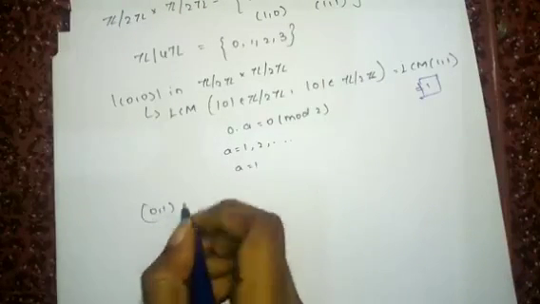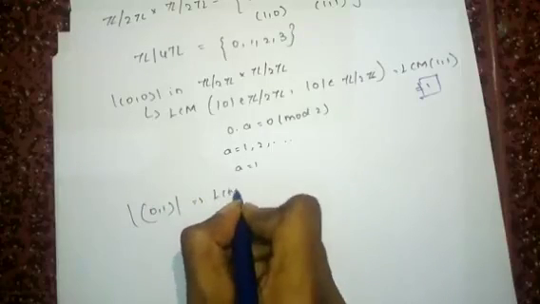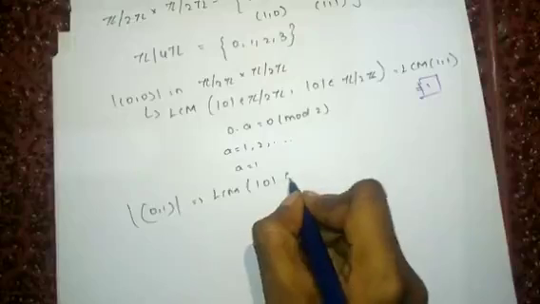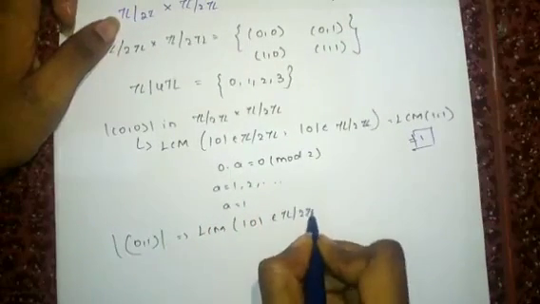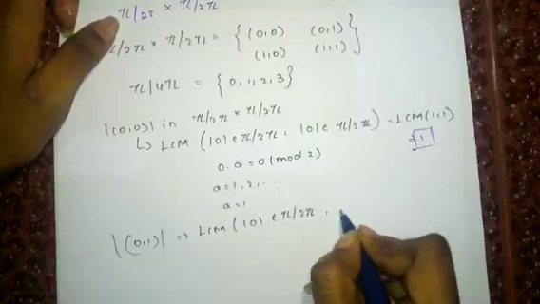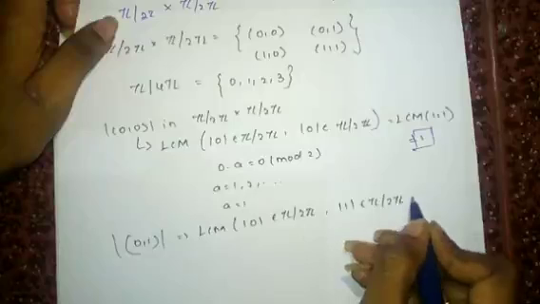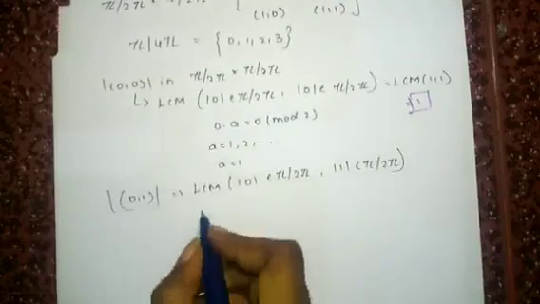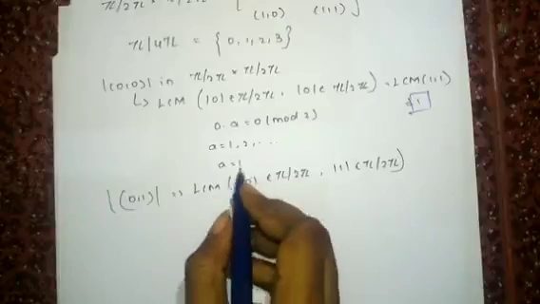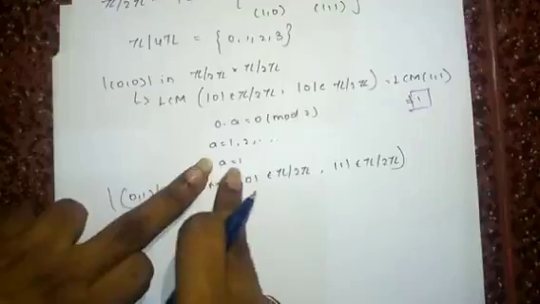Similarly, we will find it for (0,1). It is the LCM of the order of 0 in the first Z modulo 2Z and the order of 1 in Z modulo 2Z. We have already seen that the order of 0 in Z modulo 2Z is 1.